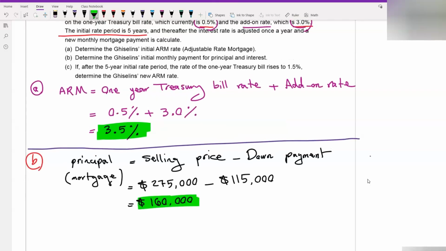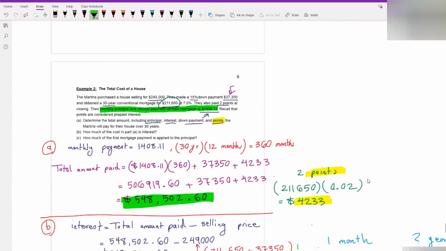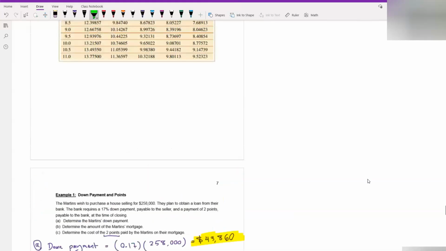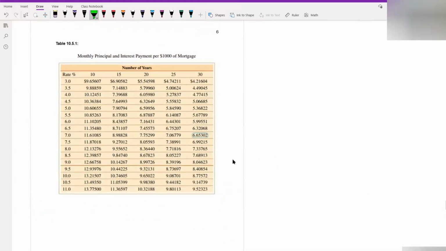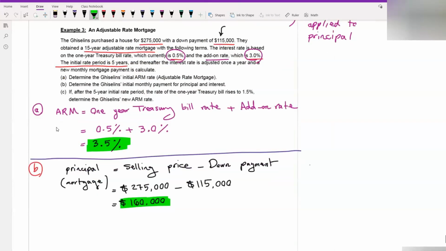Now for this part, we have to use the table that we have here on top. This is the monthly principal and interest payment per $1,000.